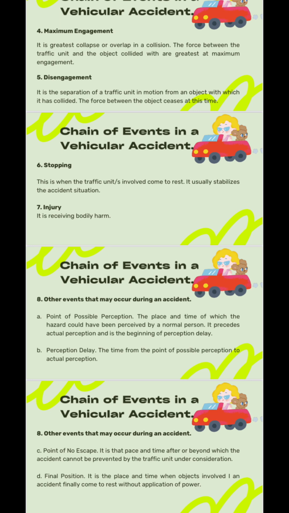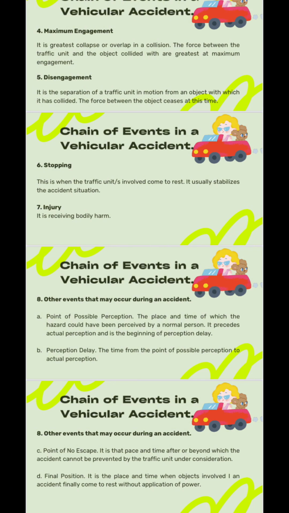So now number 8 is other events that may occur during an accident. Letter A is point of possible perception, the place and time at which the hazard could have been perceived by a normal person.